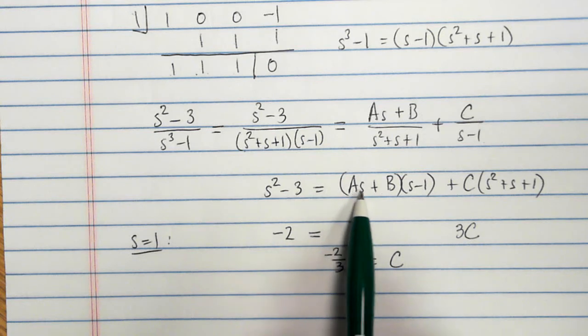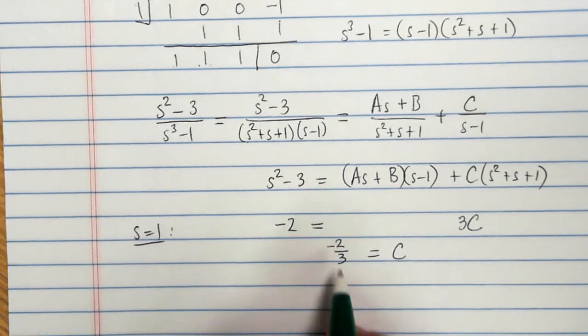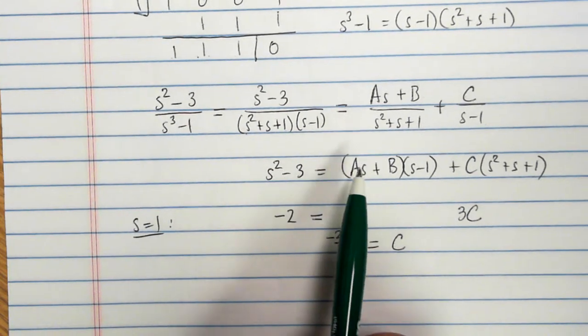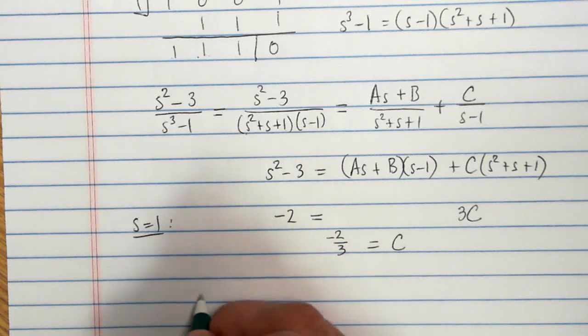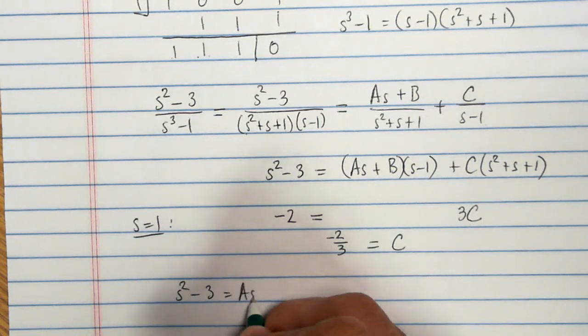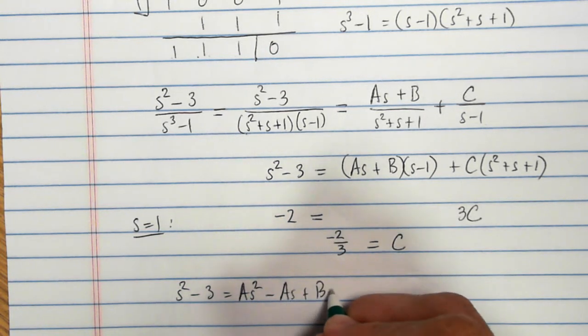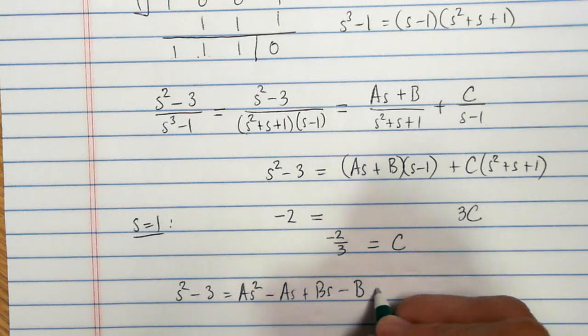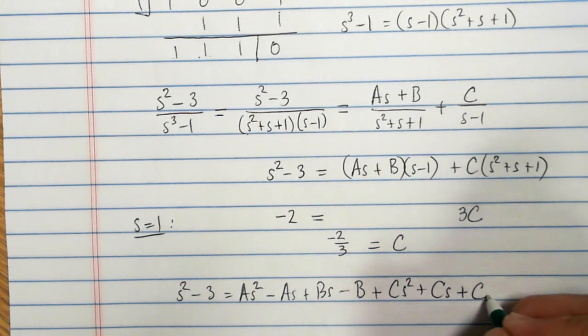Now, unfortunately, to figure out a and b, there's really no simpler way than just multiplying out. So let's go back to the top equation and multiply out. We get that s squared minus 3 is equal to as squared minus as plus bs minus 1b, plus cs squared plus cs plus c.